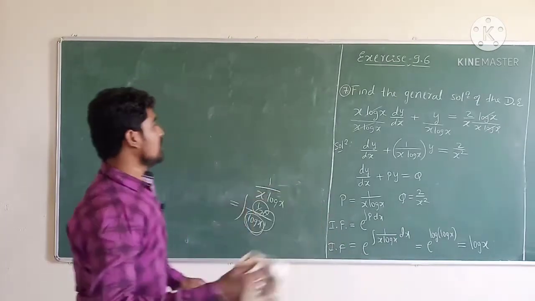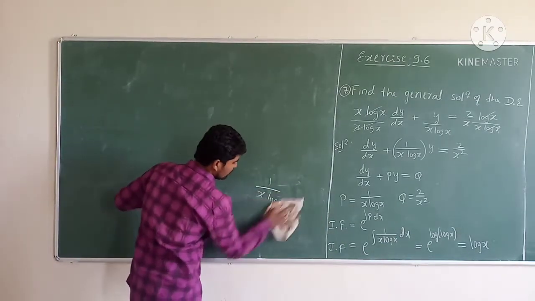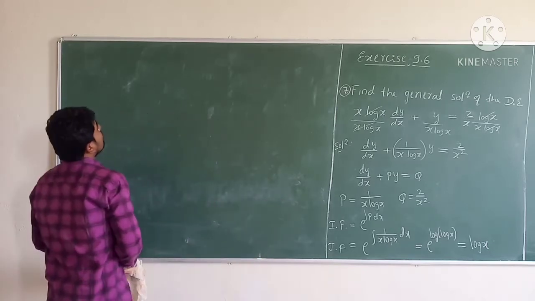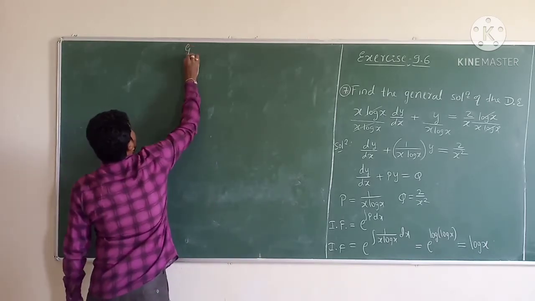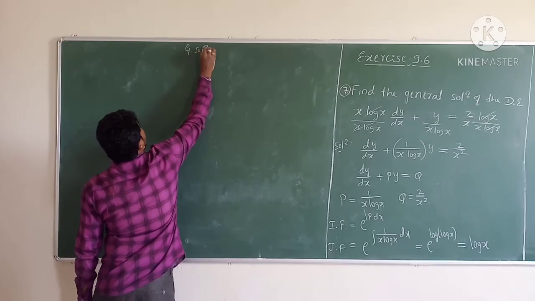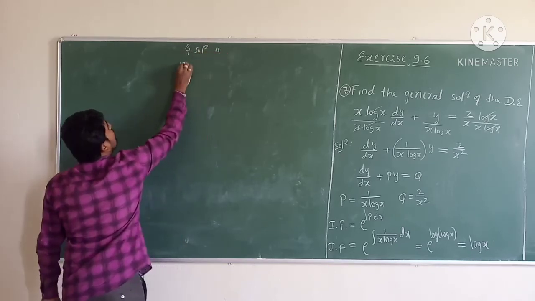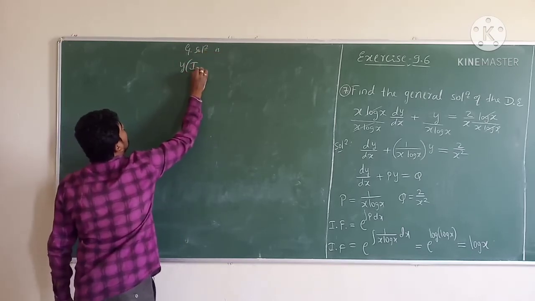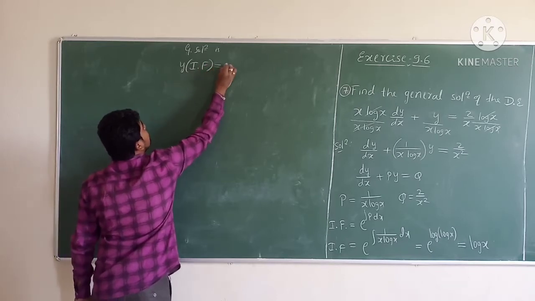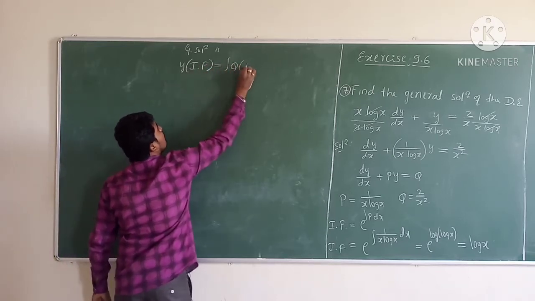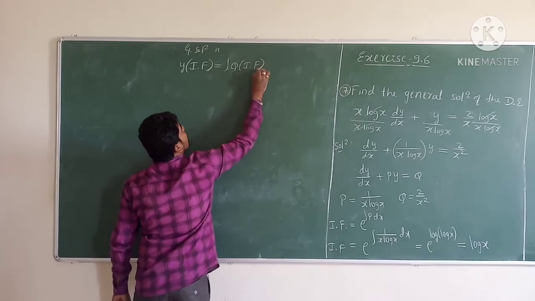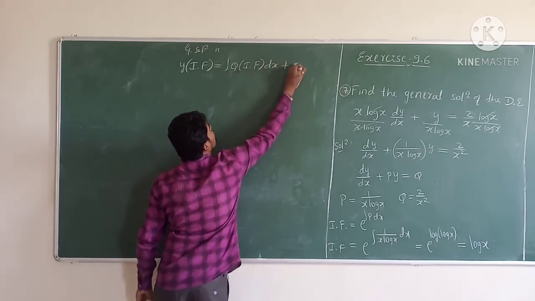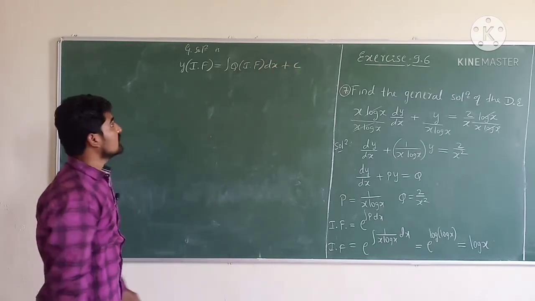Next, we need to find the general solution. The general solution of the given differential equation is y into integrating factor, which is equal to integration of q into integrating factor with respect to x dx plus integral constant c.